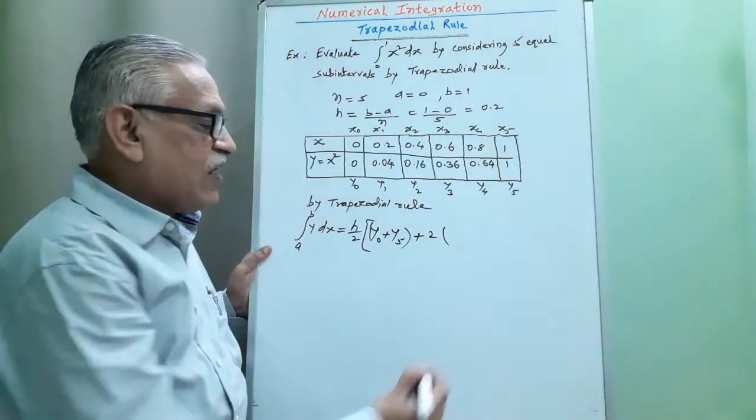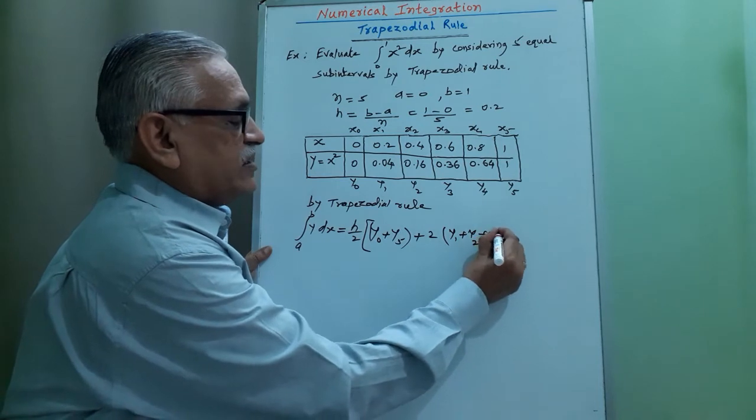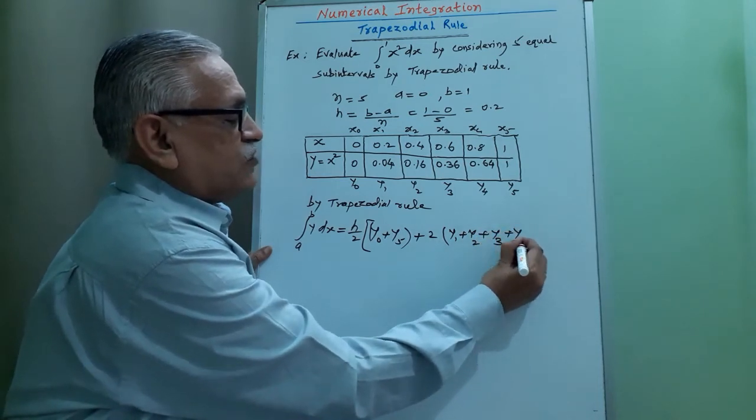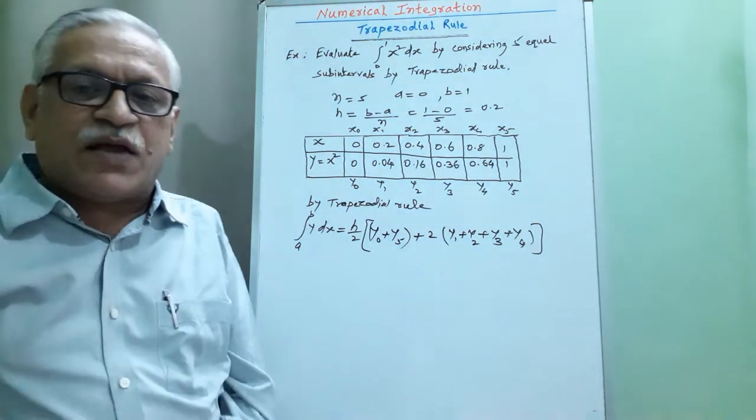Remaining values are y1, y2, y3 and y4. Therefore, this is the trapezoidal rule.